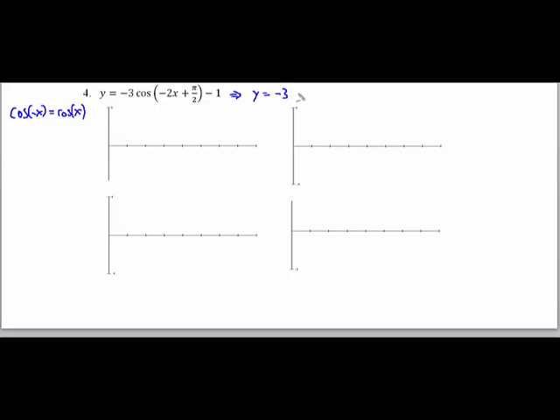You have to factor out the -1, which will change your phi, which is part of your phase shift. So we've got -3 cosine, and then the negative we're factoring out, the -1, so now we have a 2x instead of a -2x, but we have a minus pi over 2, which is now different.